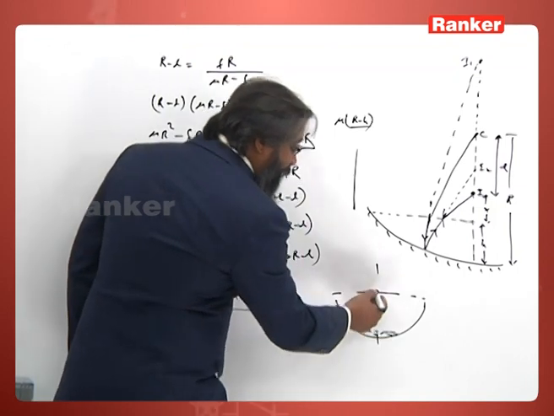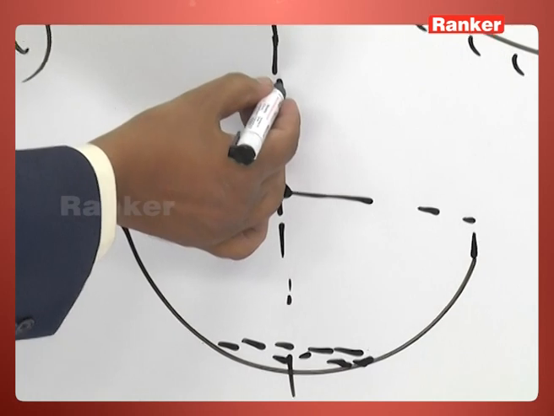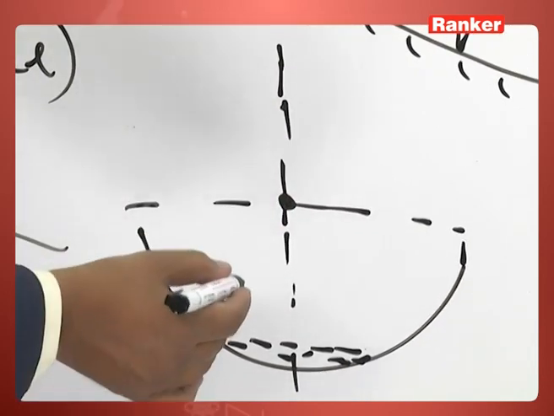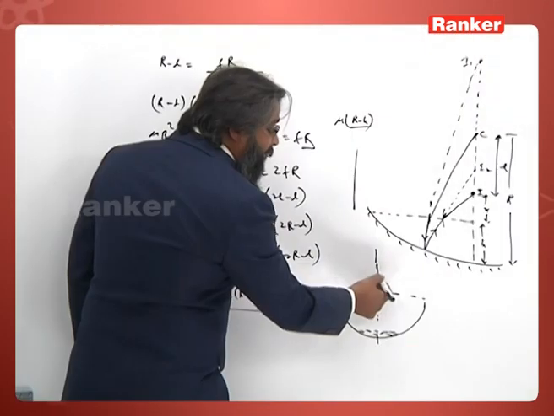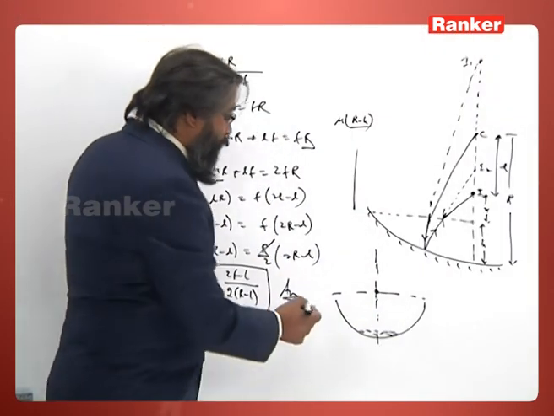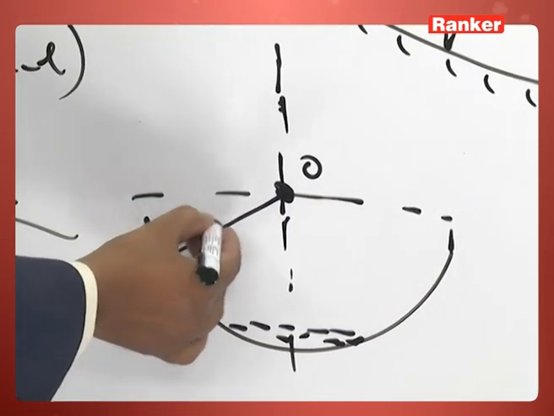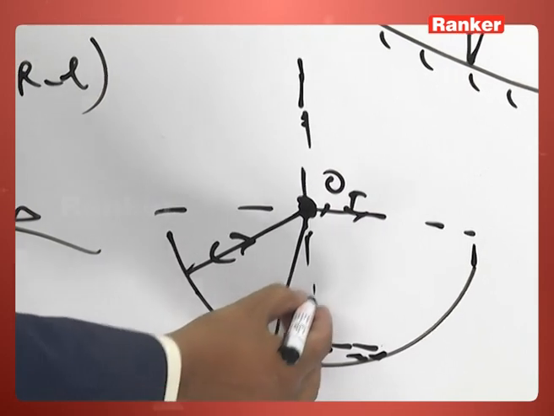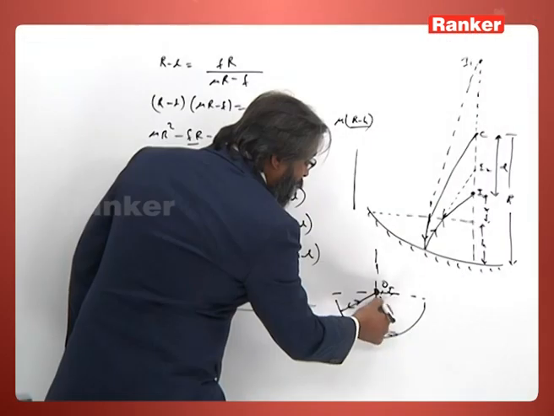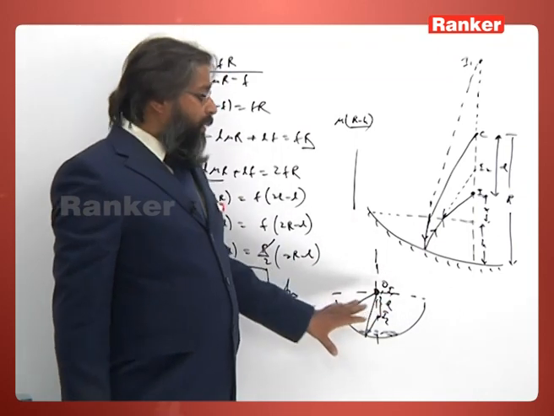It is given that because of this system, when an object is placed on this line, two images are formed. One image coincides with the object and another image is at a distance L. So suppose I take this object here, then this ray will bounce back and one image I1 is formed here, and because of this another image I2 is formed, displaced by L. So this was the problem.